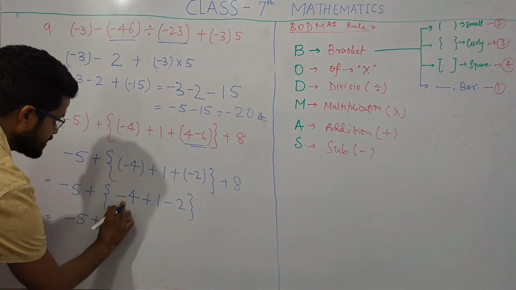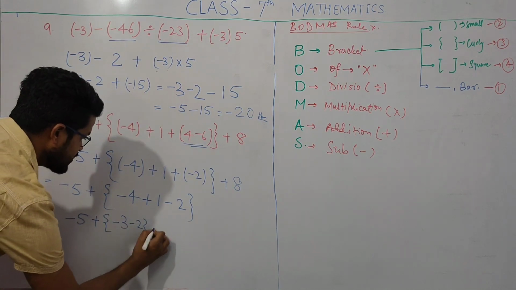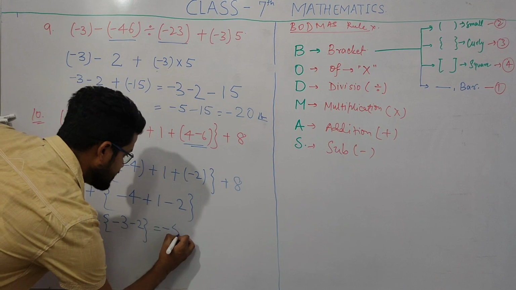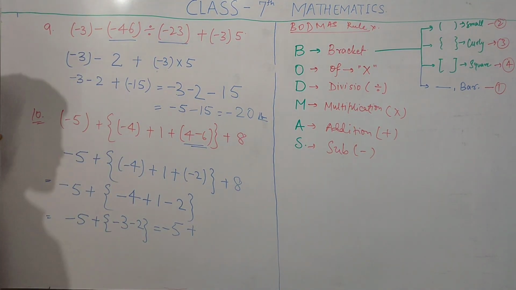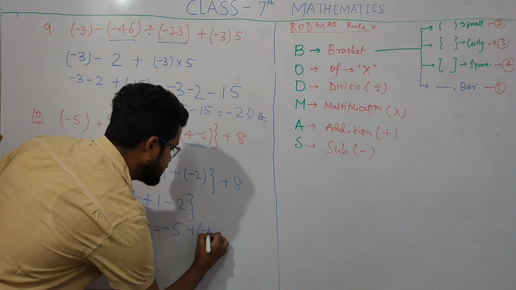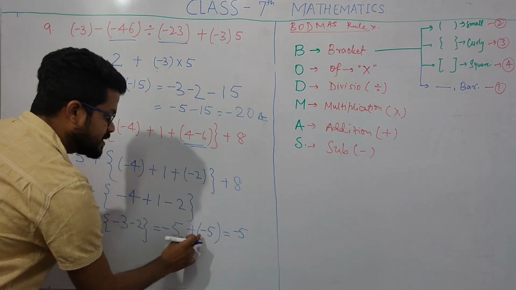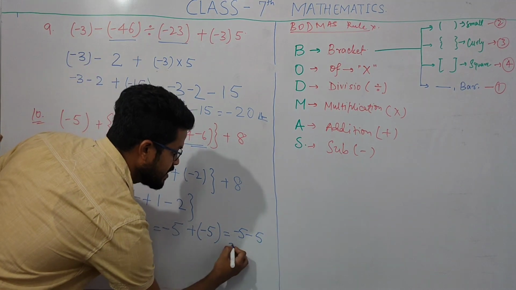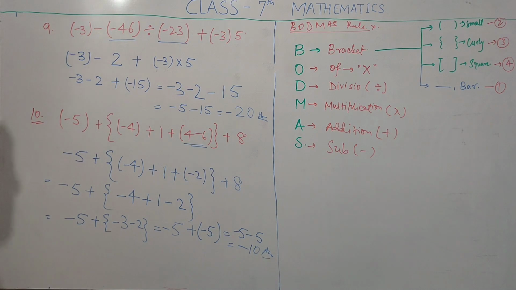So I write here minus 5 plus minus 5, which is equal to minus 10. That is your answer. So this is question number 10.